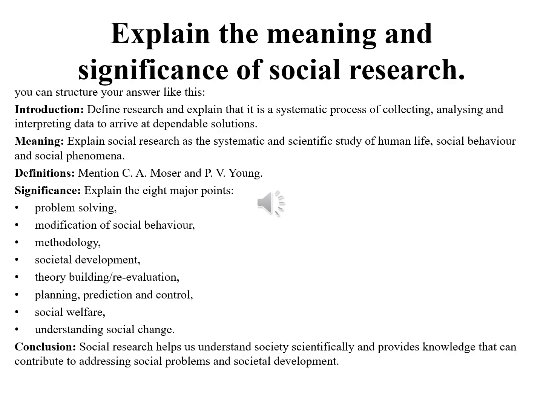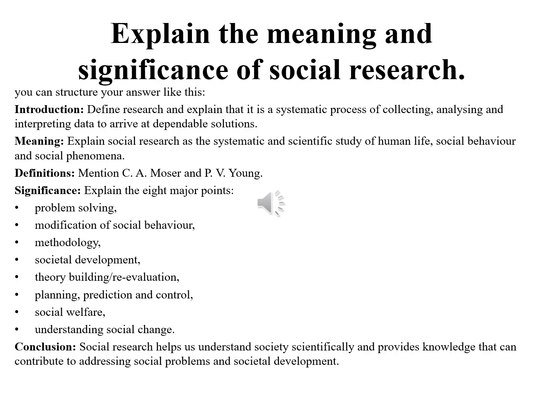There are two definitions given in this lecture series. One is by C.A. Moser and the other is given by P.V. Young. Next is the significance of social research, which you can explain in the eight major points. It helps us in problem solving. It is also giving us a modification of social behavior.